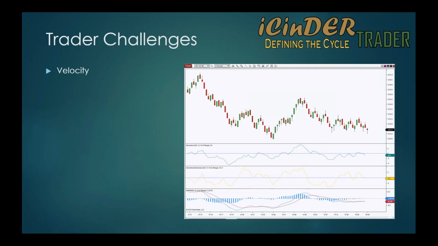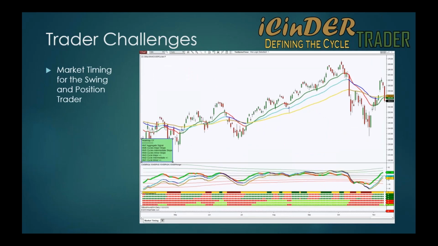Well, velocity is the momentum of change, or rate of change. It tells us how fast that momentum is moving, whether it still has legs. In other words, is it still moving up or is it going sideways? Is it losing the speed that it had before?